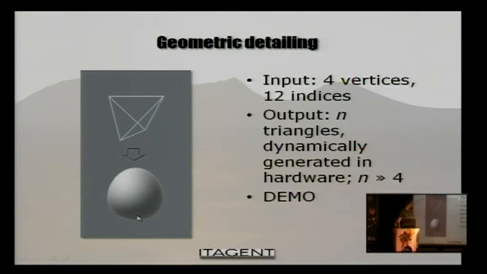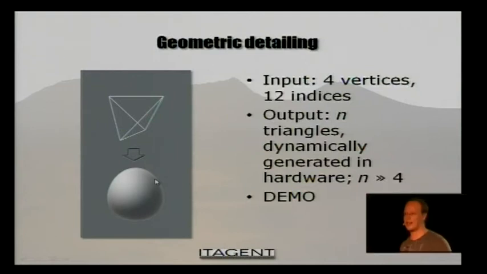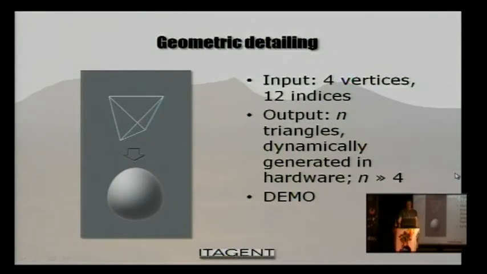And the output is n triangles, because the hardware can calculate the tessellation factors at runtime based on the Hull shader. The tessellator works at the patch level, and the use of tessellation requires 2 user-defined shaders, the Hull and domain shader.